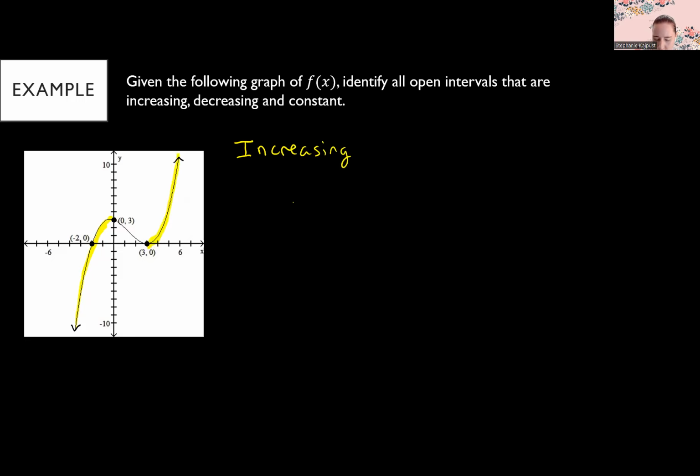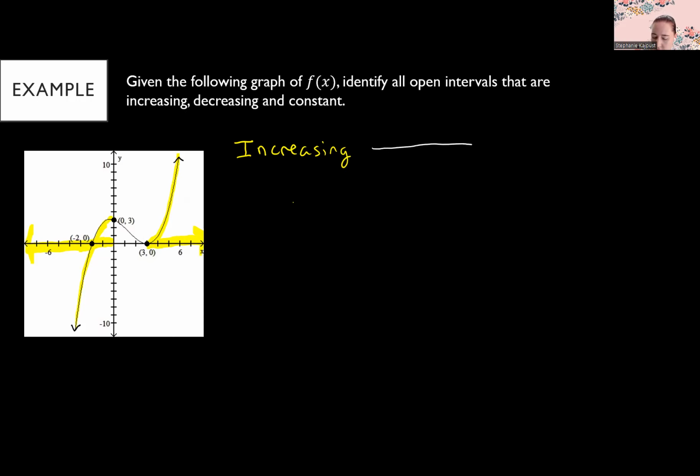When I put these on the x values, I've got an arrow to the left, so that means I'm going to keep going to infinity. And on the right, there's also an arrow, so it's going to keep going. So we've got two separate sections, and those are the parts where it's going up as we move from left to right.